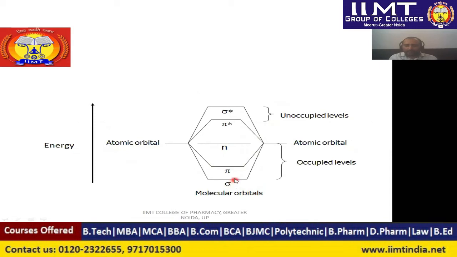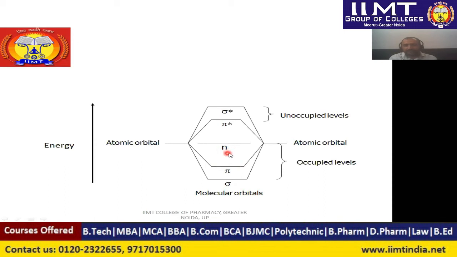Now sigma orbitals basically hold the electrons which participate in the bond formation in a covalent bond. Pi electrons are in the double bond. We all know these things.